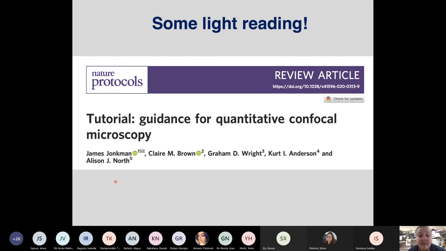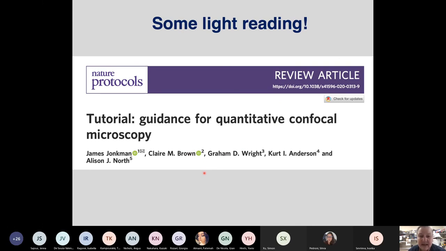So Alison North, you may see some overlap in the opinions and prejudices in this piece, because Alison North, who is the head of the Rockefeller imaging facility, got her training in microscopy in the same lab where I got it. So there's a definite overlap in attitudes.